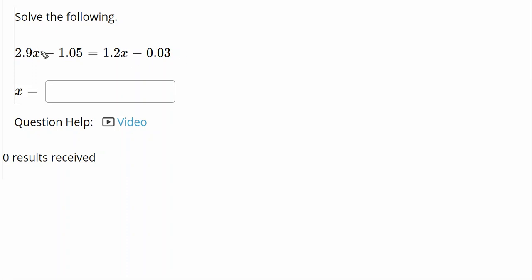If I want to get rid of all of these decimals in every term, can you see that this 3 is in the hundredths spot, and this one's in the tenths spot, hundredths spot, and tenths spot? So I'm going to multiply every term, all of them, by a base 10 number, like 10, 100, 1,000.